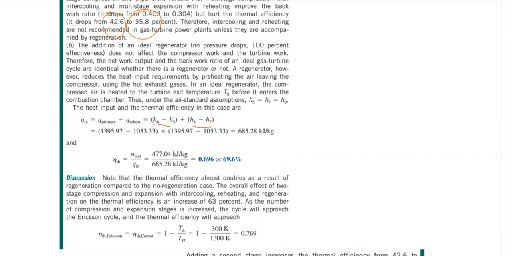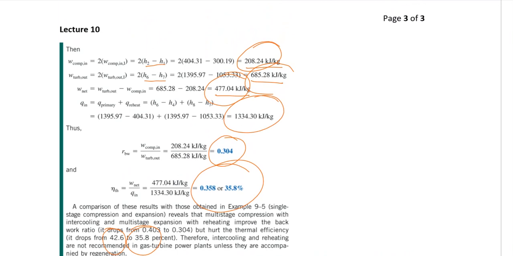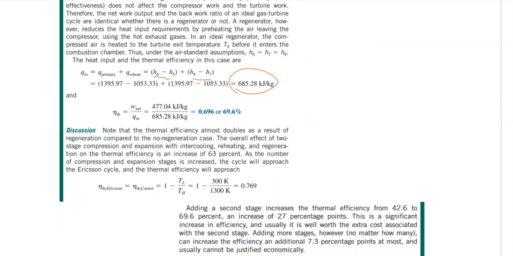So the heat in would come up as 685.28, and previously the heat in was equal to 1334.30. Now using this one, the thermal efficiency would massively improve to 69.6%.